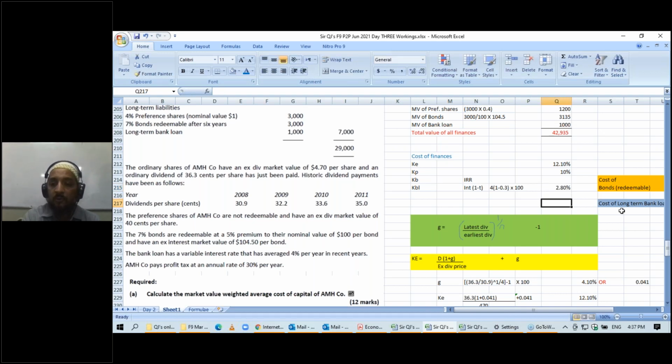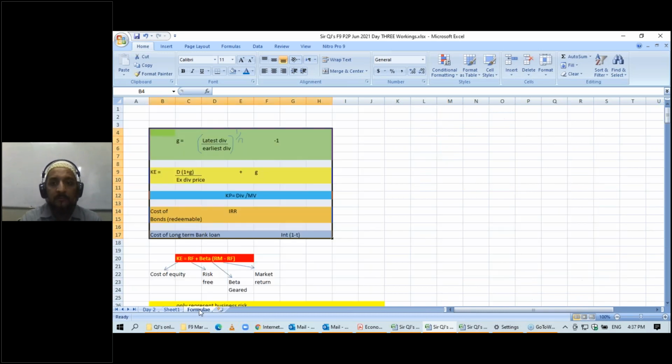Okay, let me give you the formula for irredeemable bonds. Please note down the formula.